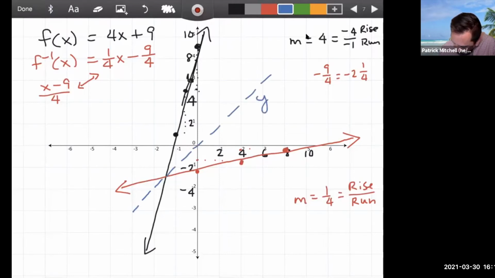This is the line y equals x. So the two graphs are always going to be mirror images of each other across that line. All right, and you can use that fact to draw the graph of an inverse function if you have the graph of the original function.